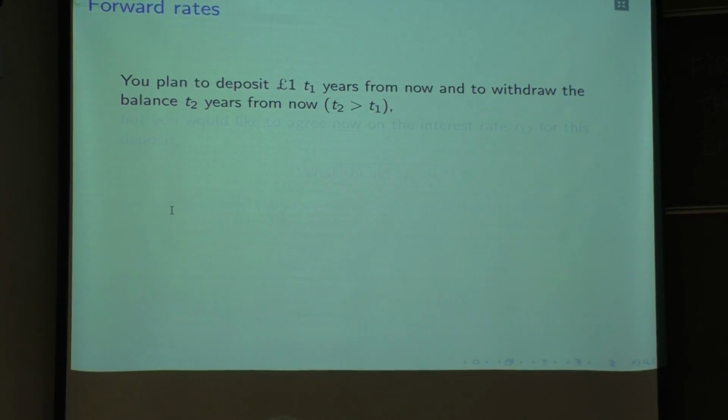So I want to borrow or deposit money in the future, which means that we are now at time 0, and there is going to be some time t1 in which I'm going to start doing something, and that something is going to last until some time t2.